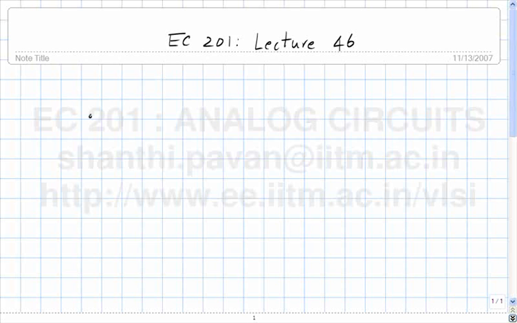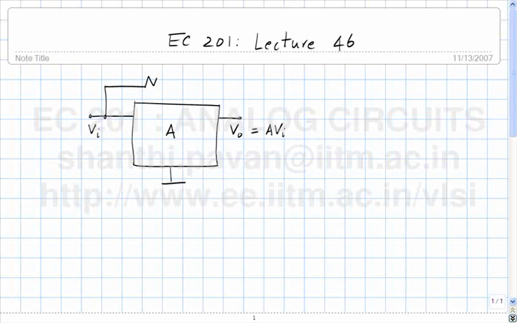For this we will use the stuff that we know already, which is the Miller effect. What did we say? If we had an amplifier of this sort with a gain A, so if this was Vi and this was Vo, and Vo was A times Vi, then if we put a resistor between the input and the output, what is the input impedance looking in here?